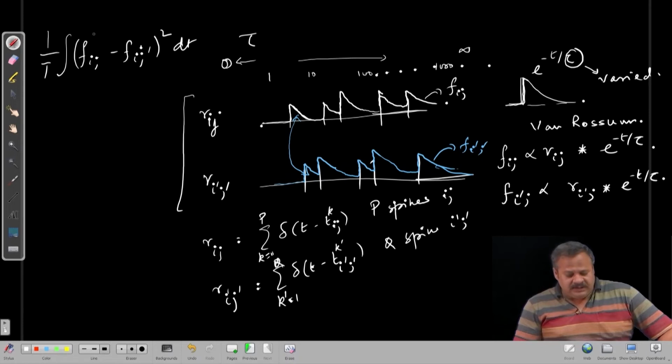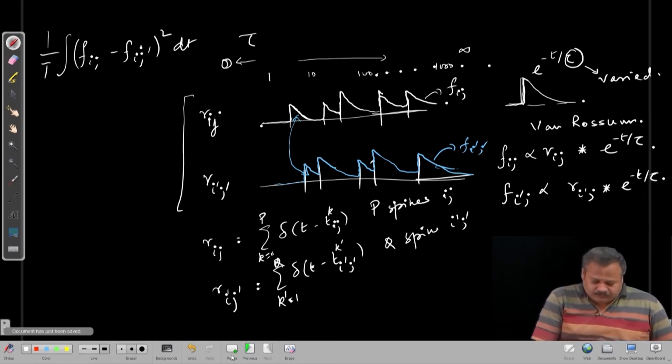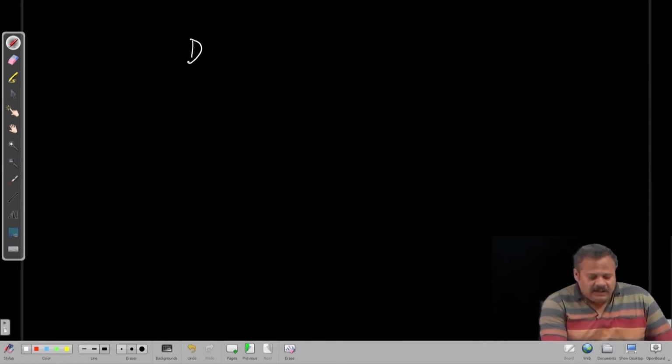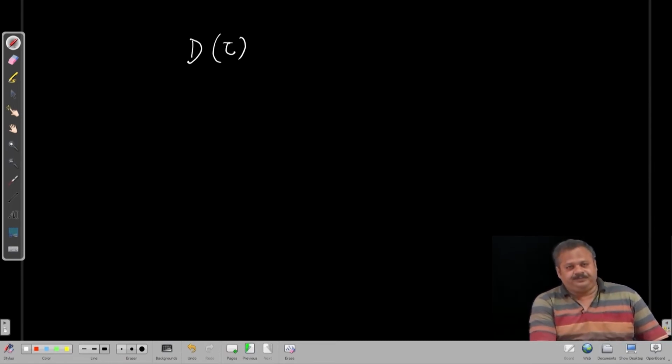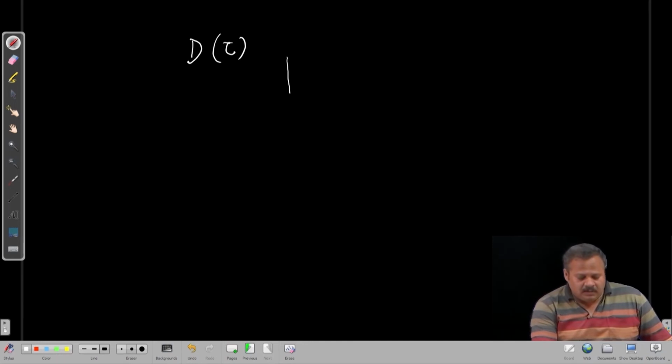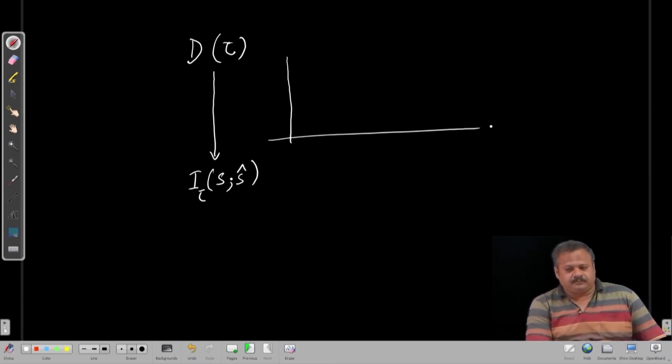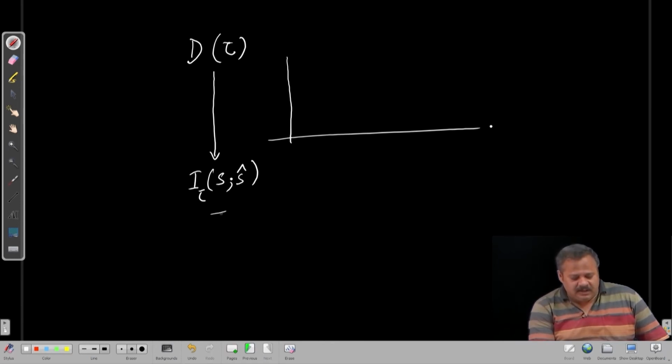And so using this d, for a particular tau, we can quantify the mutual information. Now we have a d that is a function of tau, and based on this, for each tau we will have a mutual information between s and s hat that is a function of tau, or we can simply say I tau.